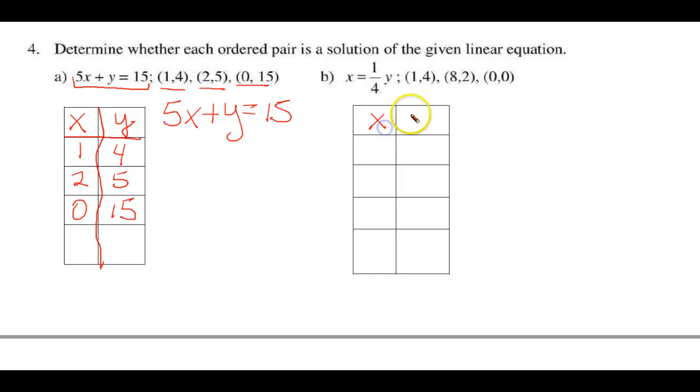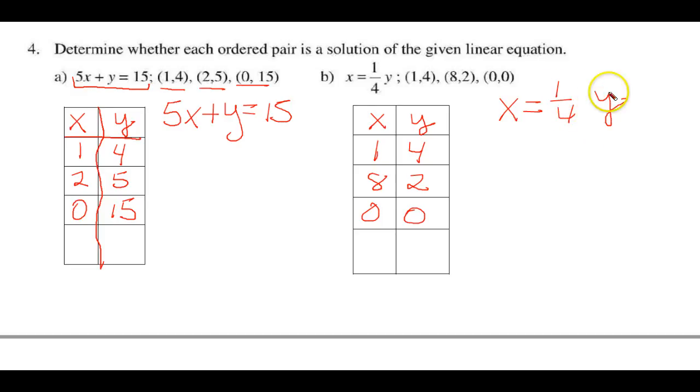This is x, y, and this is 1, 4, 8, 2, 0, 0, and the equation is x equals 1/4 y.